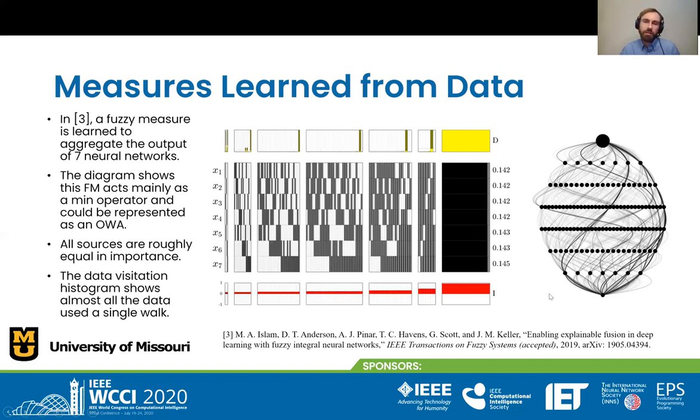When we plot it with our diagram here, it becomes clear that, first of all, only a single pathway is really being represented. And most of this measure is being pushed to the very end. So that's characteristic of a min operator. And we see a lot of uniformity. That's pretty characteristic of trying to fuse a lot of strong classifiers together. So that's something that we can identify with this visualization approach.